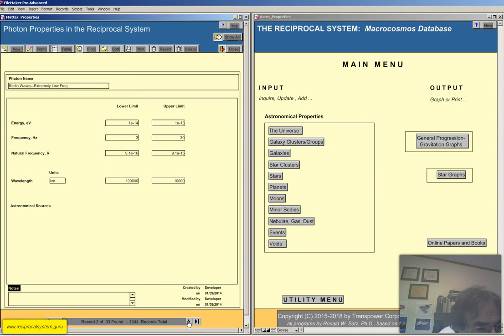Here's the radio waves, extremely low frequency, and again you can see here the values. Very low, low, medium frequency, high frequency radio waves, very high frequency, and then we get to super high frequency.